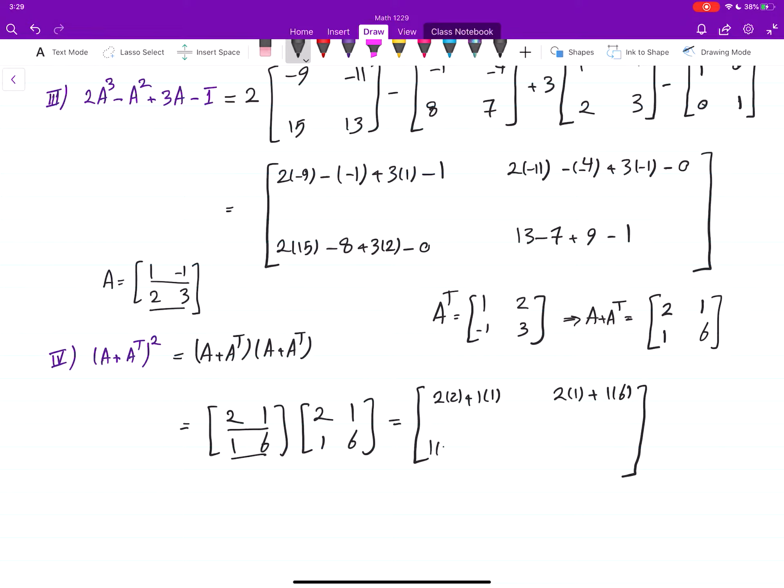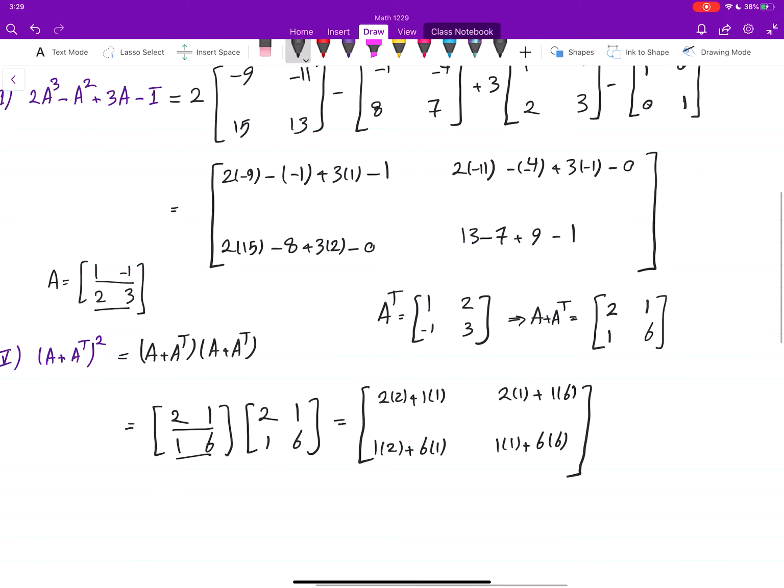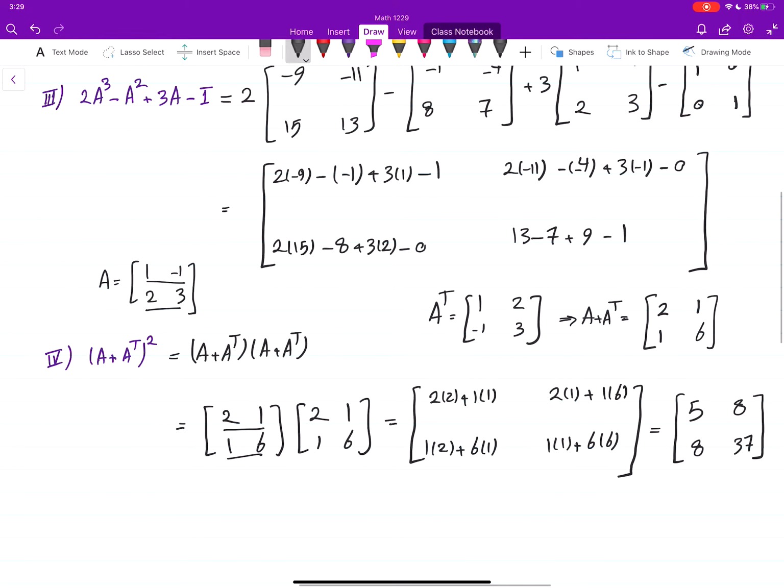So 1 times 2 plus 6 times 1. 1 times 1 plus 6 times 6. This gives us 4 plus 1 is 5. This is 8. Another 8. And then 37. That is A plus A transpose squared.